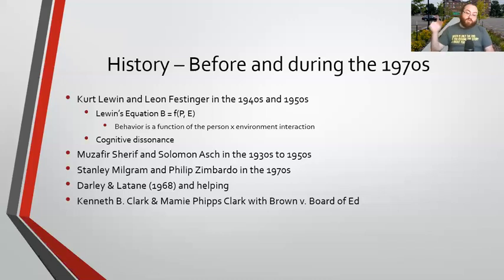There are external contingencies. I don't get paid if I don't do my job, so I'm motivated to do my job. Anytime you consider someone's behavior, it's a combination of person variables and environment variables that allow that behavior to happen or don't allow a behavior to happen. We'll talk about more examples throughout the entire class.